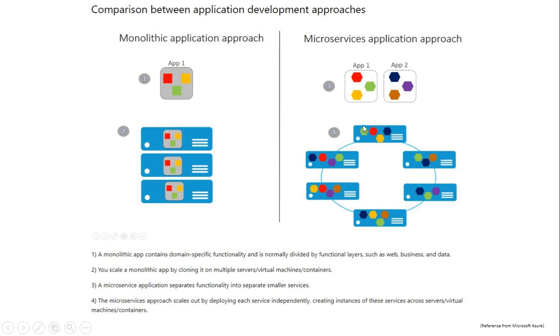When you scale, you can scale out on this machine and this machine. Because the payment service is more important for us, we can deploy only that one service on three different machines, virtual machines, or containers. So this is the approach.